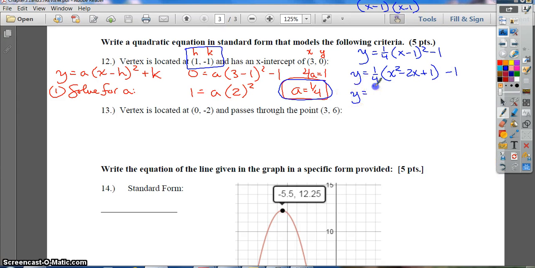Distribute into 1/4. This is 1/4 x squared minus 2/4, which is a half, plus 1/4 minus 1. Notice I wrote 1 as a fraction, that's 4 over 4. So I can just write my final equation as such.